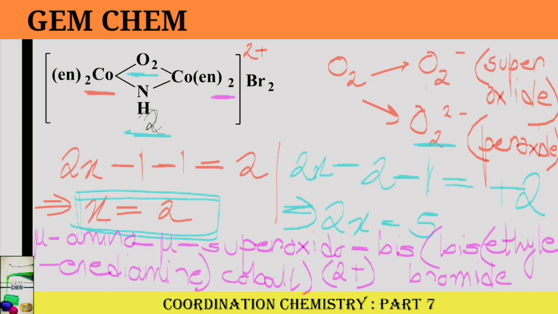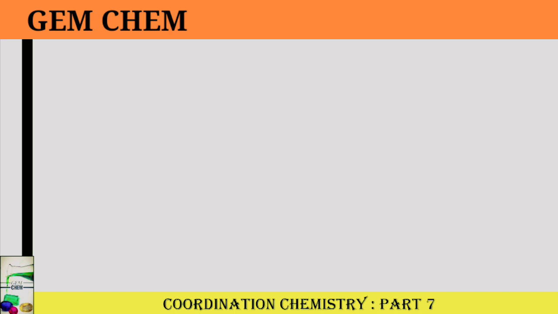Now we are going to shift to an important compound which is known as basic beryllium acetate, and its formula is like this. That is, we have Be 4 oxygen and CH3COO whole 6.